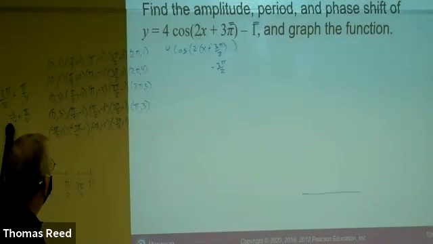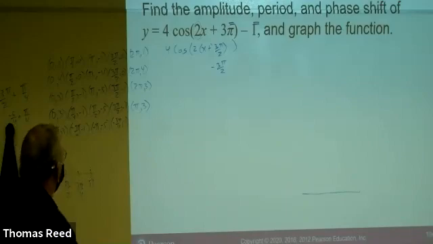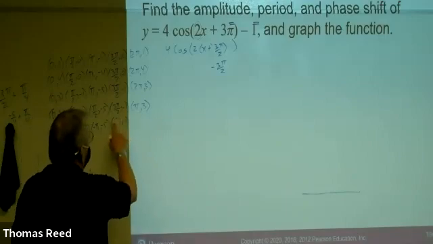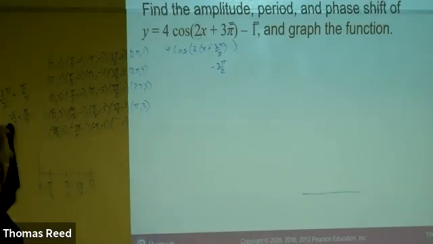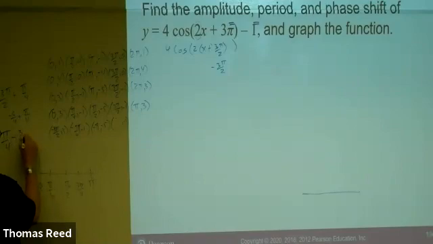Zero minus 3 pi over 2, 6 pi over 4. That's a negative 5 pi over 4.